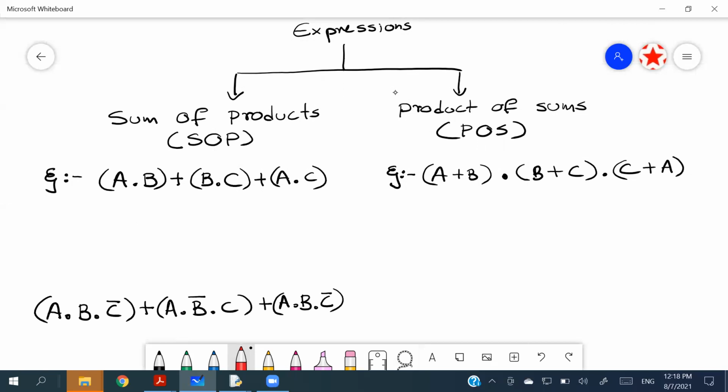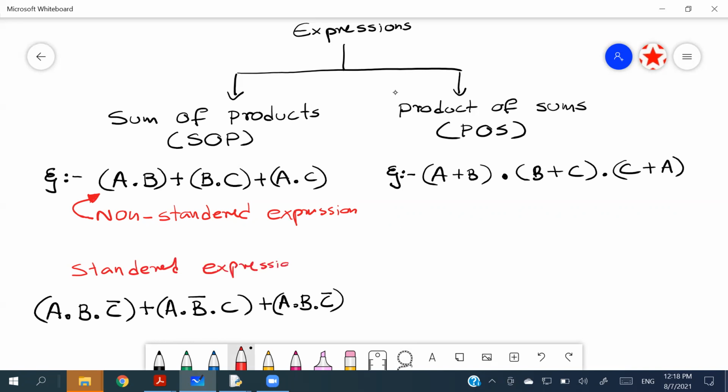So this is called non-standard expression. Right? So this is called the standard expression. Right?